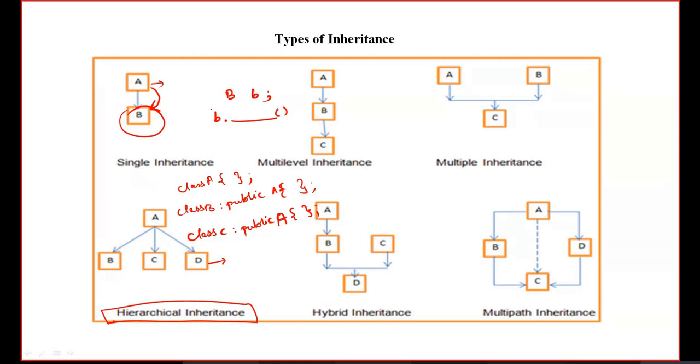That is why only derived class objects are created. So in the multi-level case, class C's objects would have been created. In this case also class C. Whereas in this case, we can create objects of class B, class C, and class D. Clear? Because all of them are derived classes.